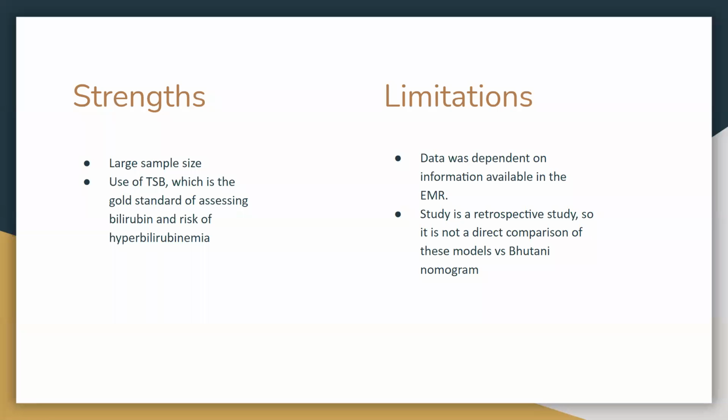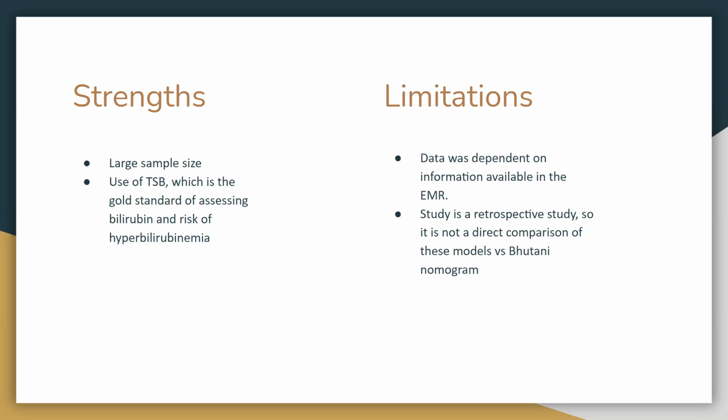Additionally, using the current methods, looking at the Butani nomogram to determine what category of risk they are at of exceeding their phototherapy threshold is like step one, and then step two is going back in to figure out what their actual phototherapy threshold is, which is time consuming and confusing, because some people think that the Butani nomogram is actually telling you a number or a threshold, or telling you when you should start phototherapy.